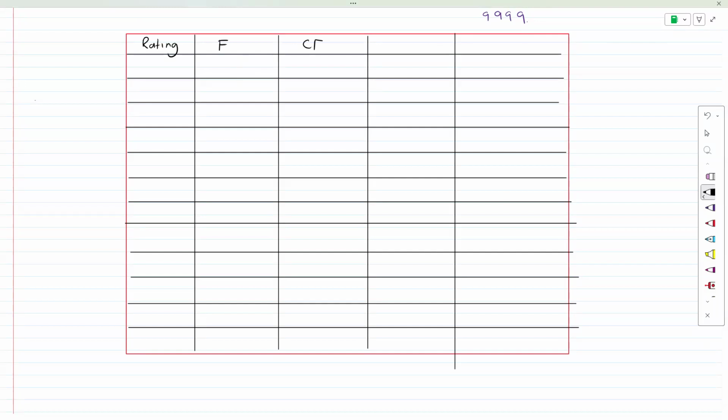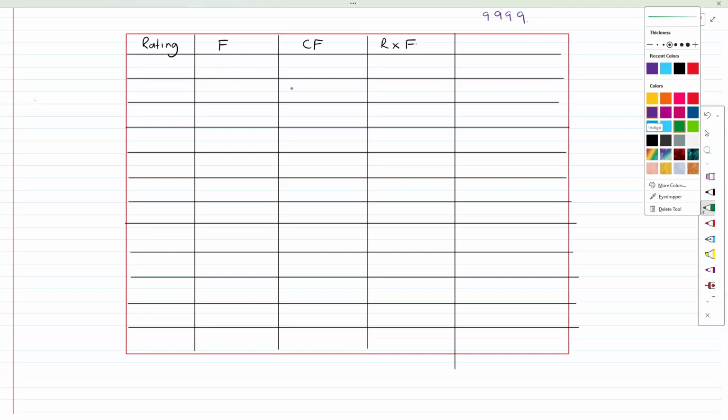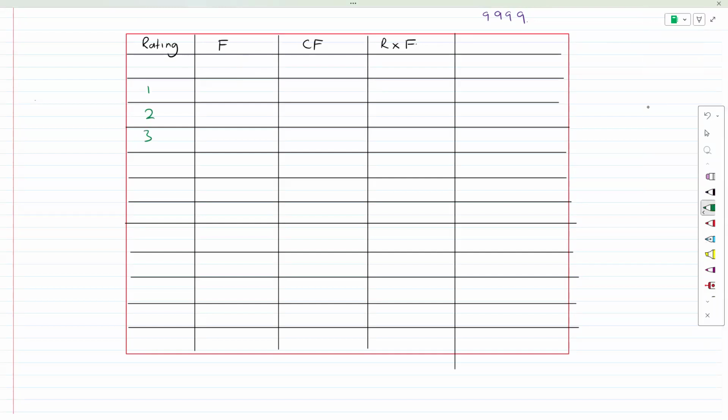So this is rating, frequency, cumulative frequency, and I want this last one to be rating times frequency. I will teach you a few shortcuts, but for now, let's answer the questions quite simply. The ratings are 1, 2, 3, 4, 5, 6, 7, 8, 9, 10. The frequencies are 3, 6, 8, 9, 12.